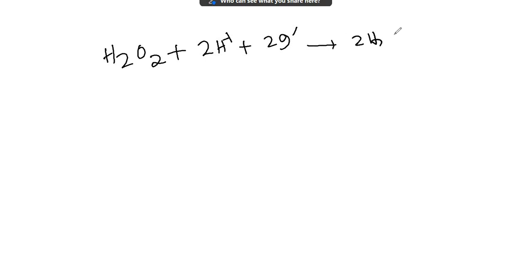Now, suppose, look at the reaction H2O2 plus 2H+ plus 2I- gives you 2H2O plus I2. This is the overall reaction.